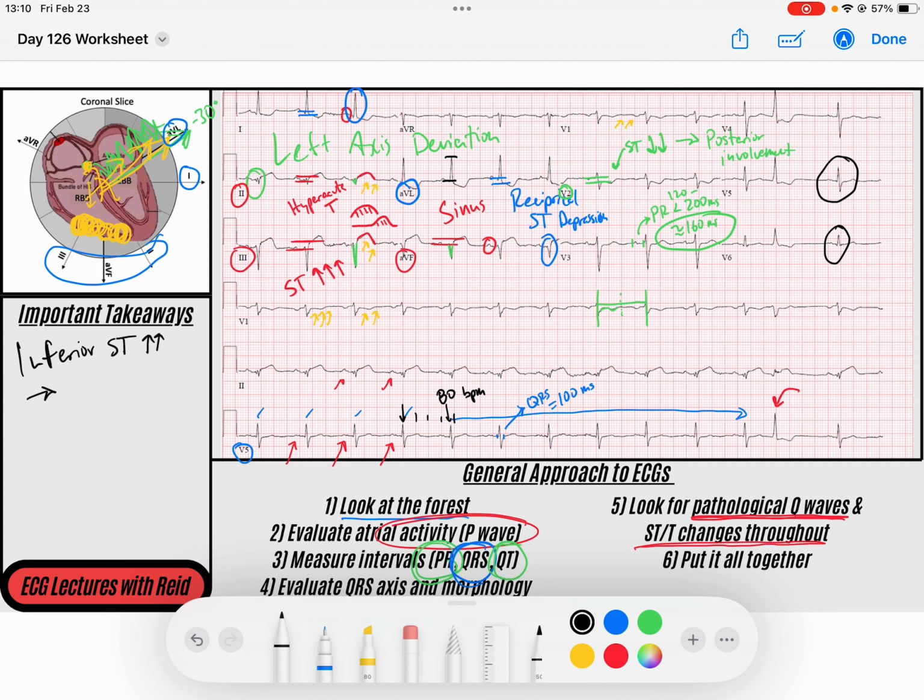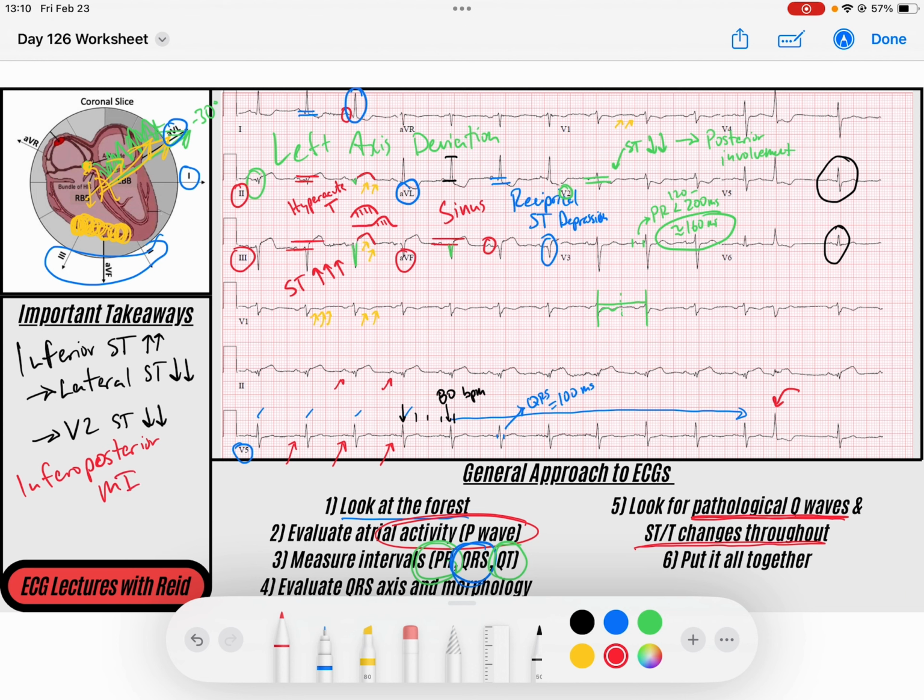We've got lateral ST depressions, and we've got V2 ST depressions. So this tells me that we've got a, let me do it the other way. We have an infero-posterior MI.